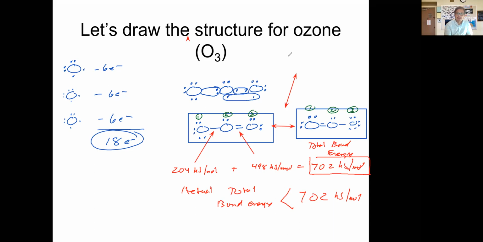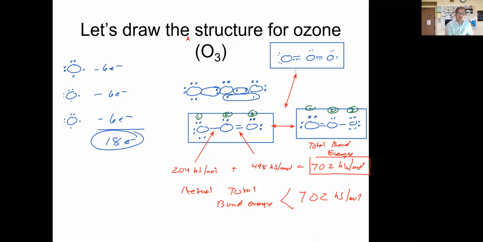We have 3 oxygens with a structure in which the bonding between them is partly single bonded, partly double bonded.